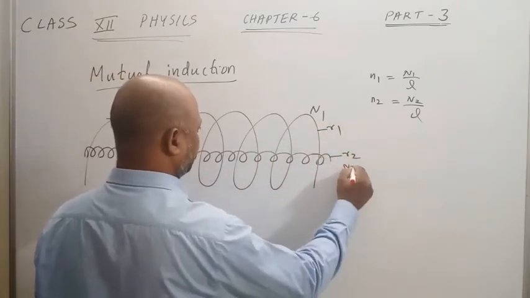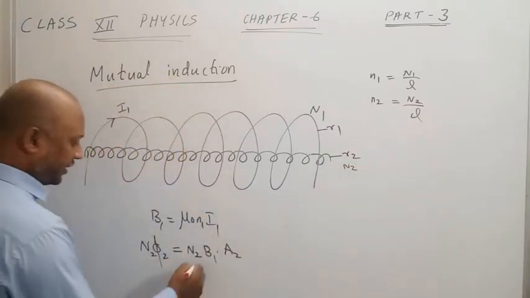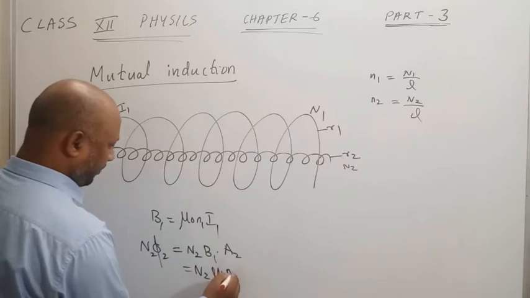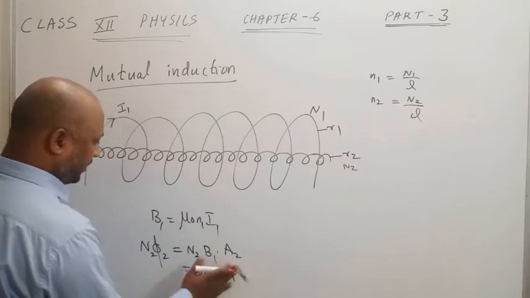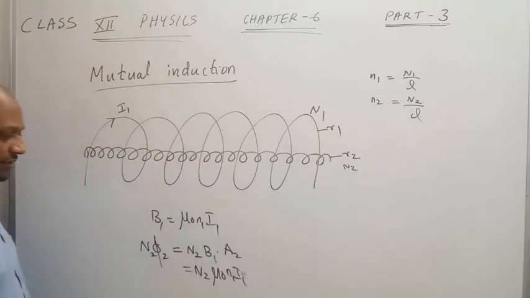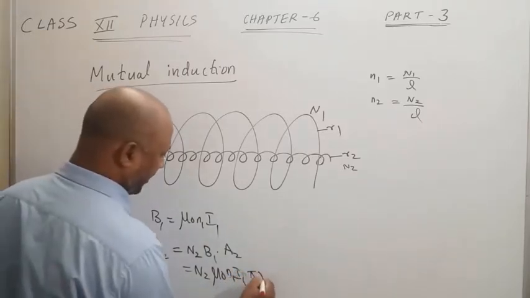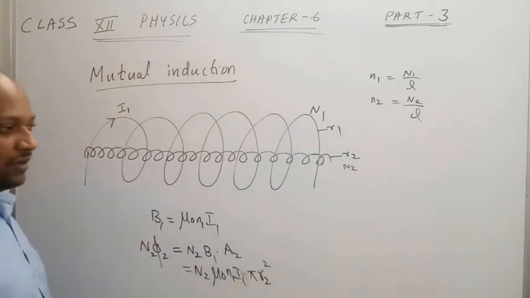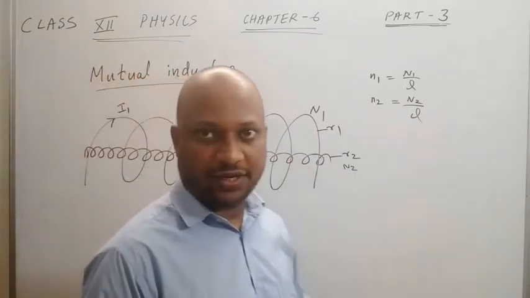So N2 phi2 is equal to mu naught n1 I1 into A2. What is A2? Pi r2 square.